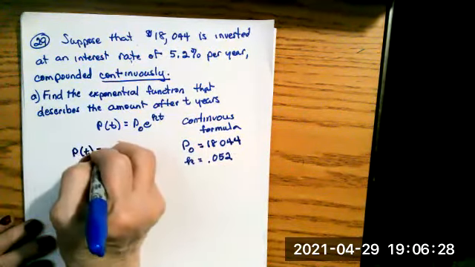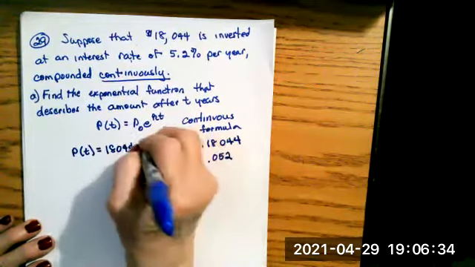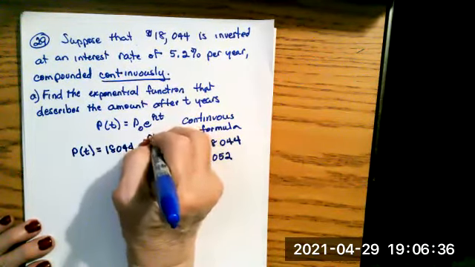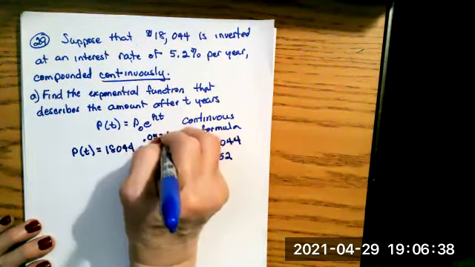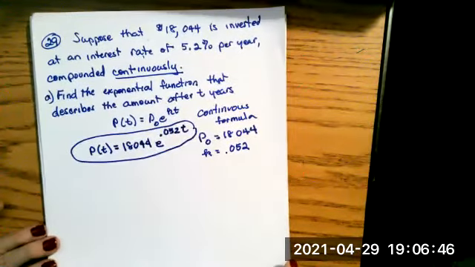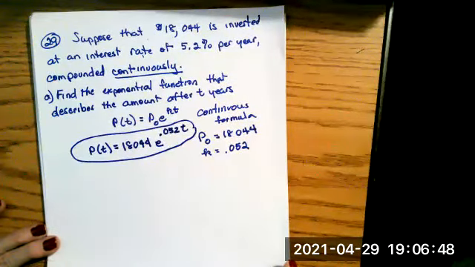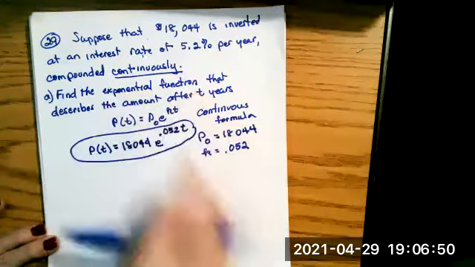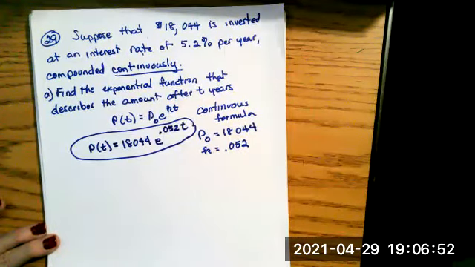P of t equals 18044 e to the 0.052 t. And that's the answer for the A part. So they just want the function on the part one. They just want the exponential function.